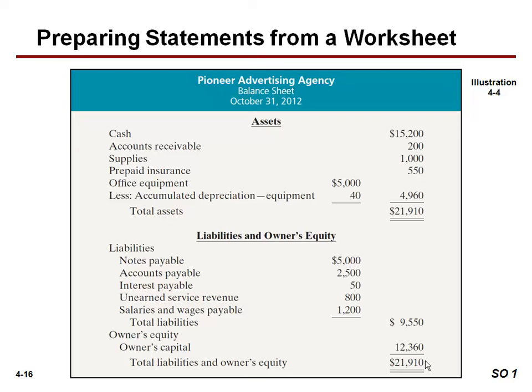Now, we've yet to talk about the classified balance sheet, which we will shortly, and that will bring in some subtotals not shown on this illustrated balance sheet. Classified balance sheets with more subtotals are required by generally accepted accounting principles. This particular format you're looking at right here is not in conformance with GAAP, only because it's missing certain subtotals.